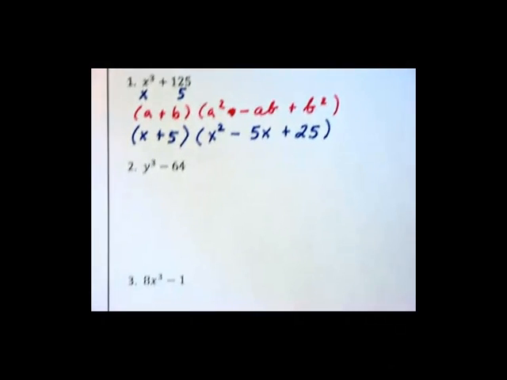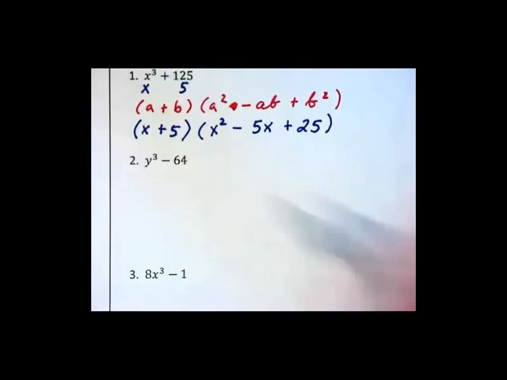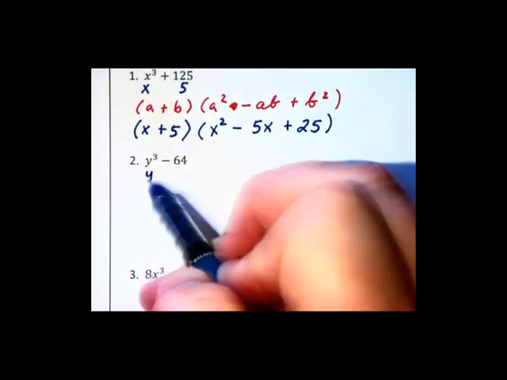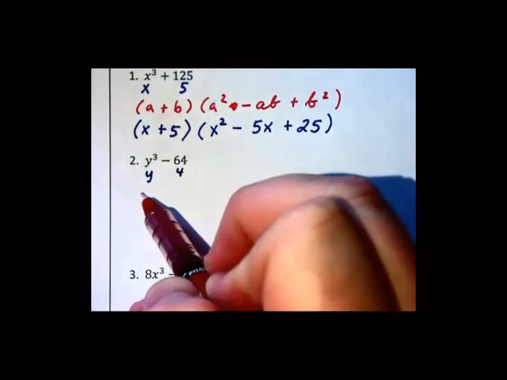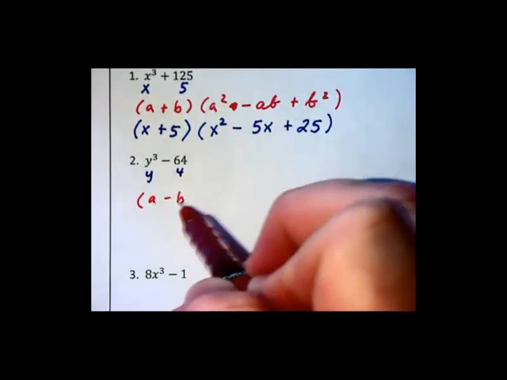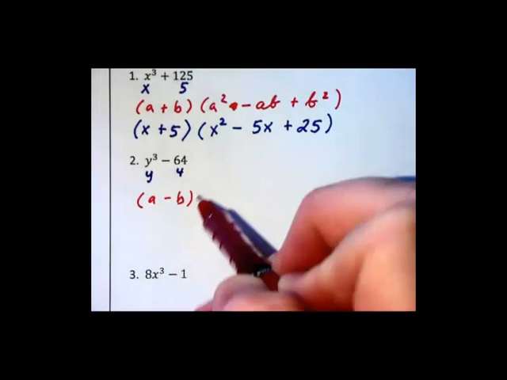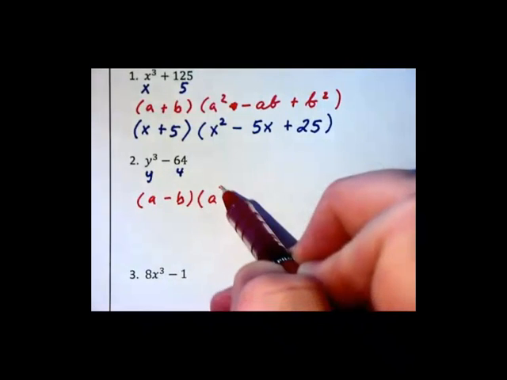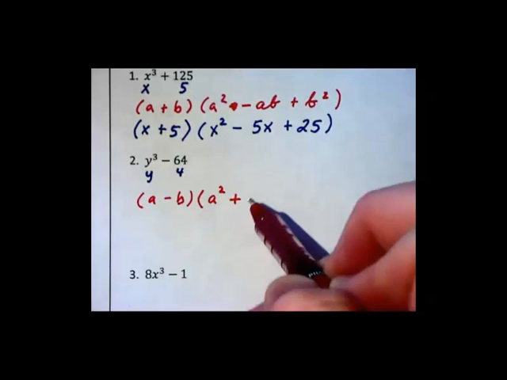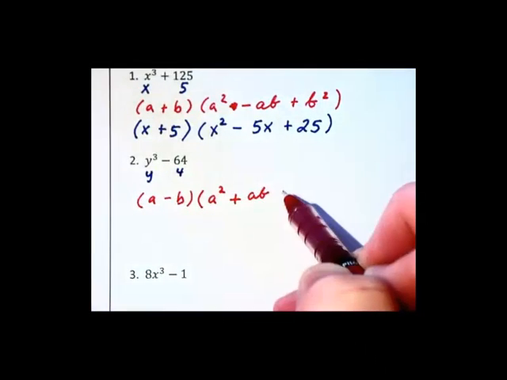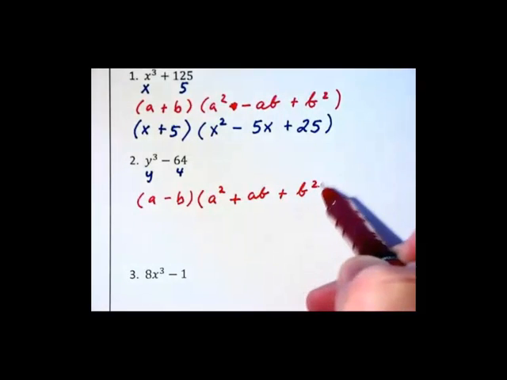Okay, let's look at number 2 here. I notice that we have the cube of y and the cube of 4. I'm going to have a minus b using the same sign, minus. Begin my second parentheses with a squared, then have the opposite sign, plus the product ab, and then always positive plus b squared.